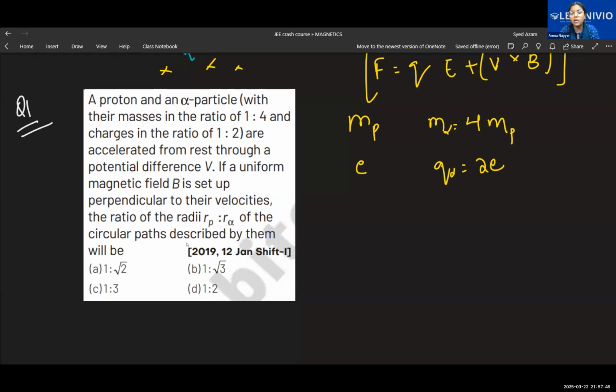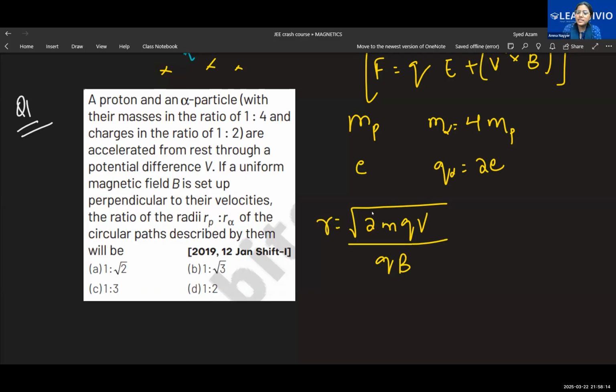Find the ratio of radii of the circular paths described by them. Radius is given by the formula you must have written right now, under root 2mqV divided by qB. So straight away, let's use this formula. See what all things are constant so that you don't waste your time writing the entire bracket again and then cancelling it.